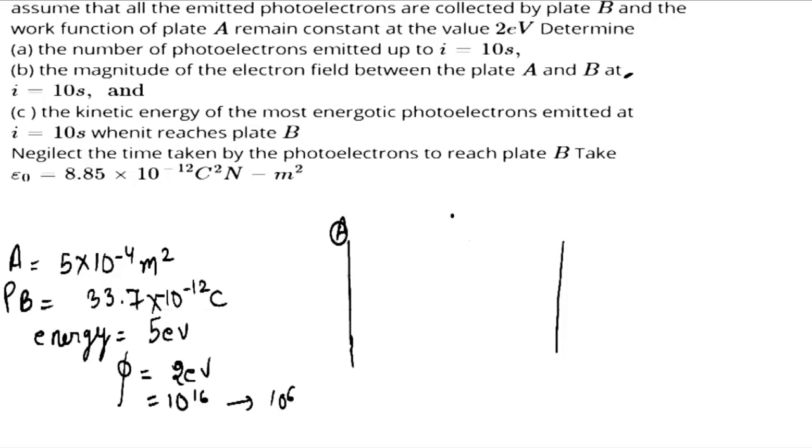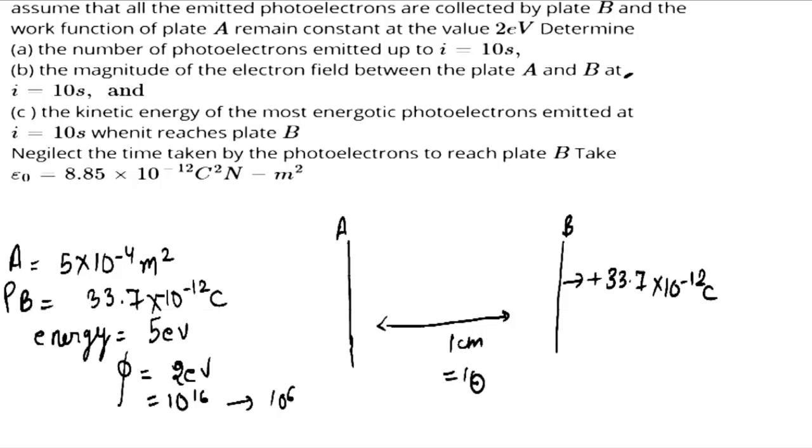This is plate A, this is plate B. This is positively charged, which is 33.7 into 10 raised to the power minus 12 coulombs. The separation between them is 1 centimeter, which is equal to 10 raised to the power minus 2 meters, and the area is given, and the energy of the falling photon is given, which is 5 eV.